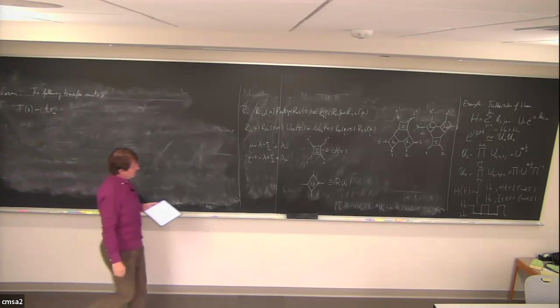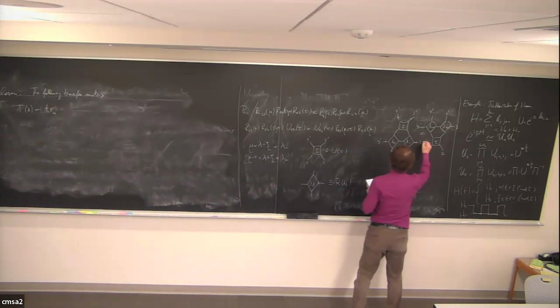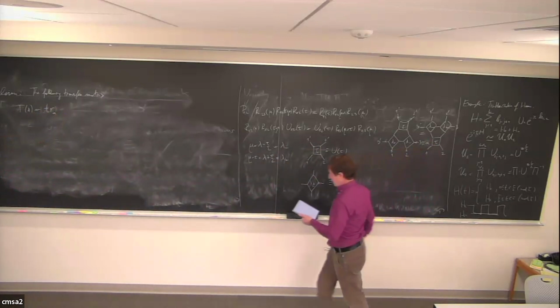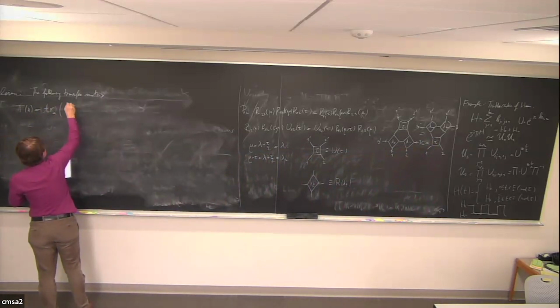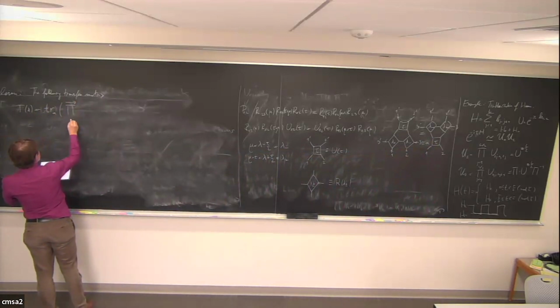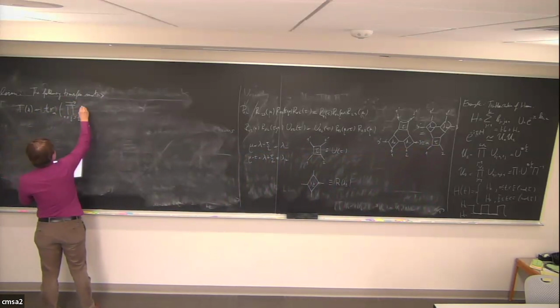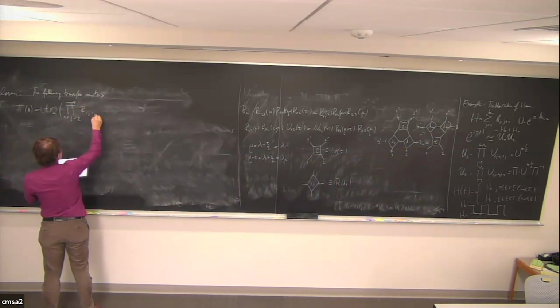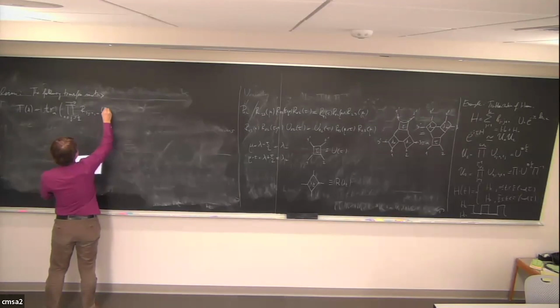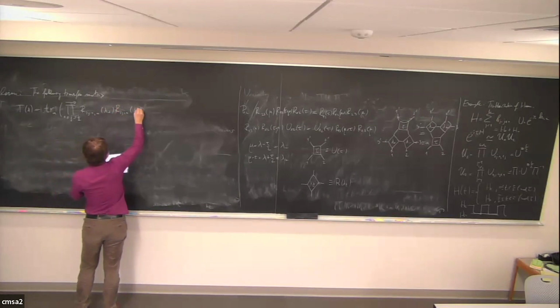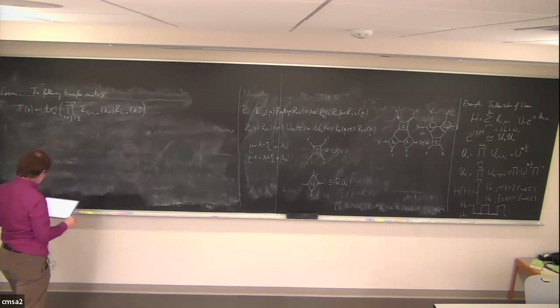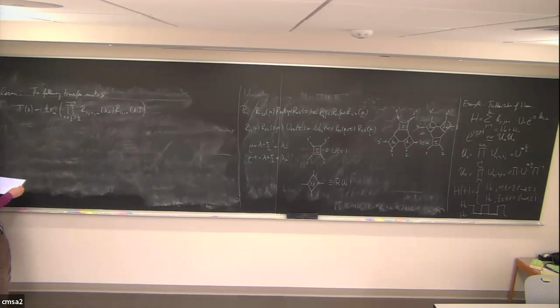Let's call this auxiliary. Then there will be an ordered product over j going from 1 to L over 2, R 2j minus 1, comma A, lambda plus, R 2j, comma A, lambda minus. And the following transfer matrix commutes with the time evolution.